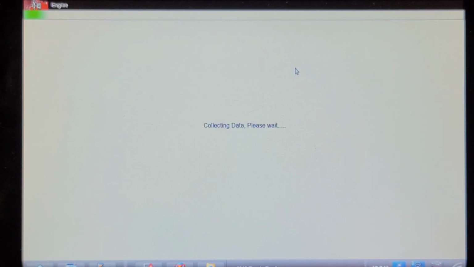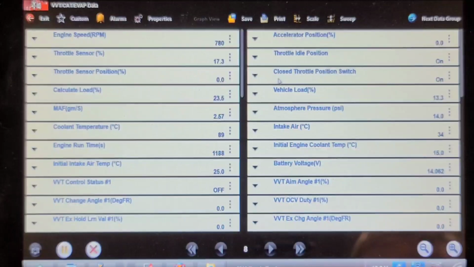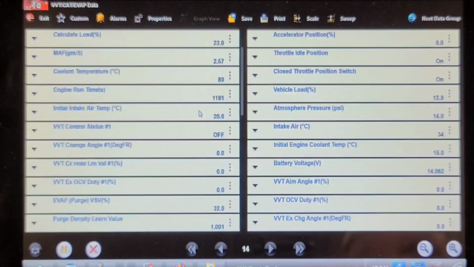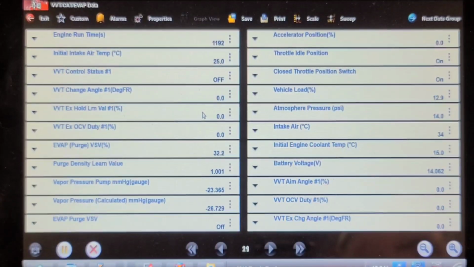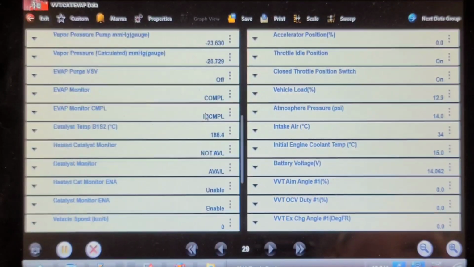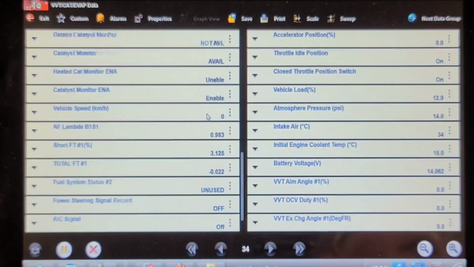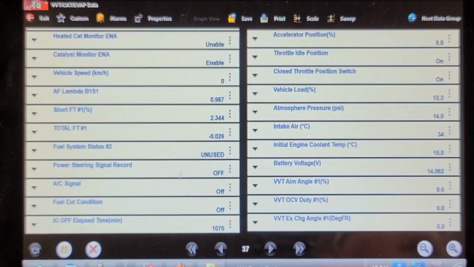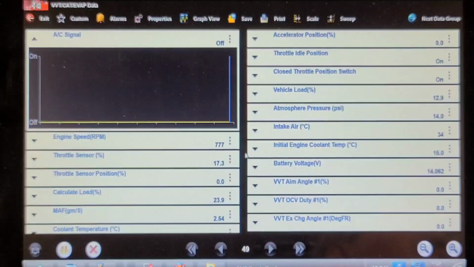Is it in this data list? That's all evap stuff, catalyst monitoring stuff. AC signal off.